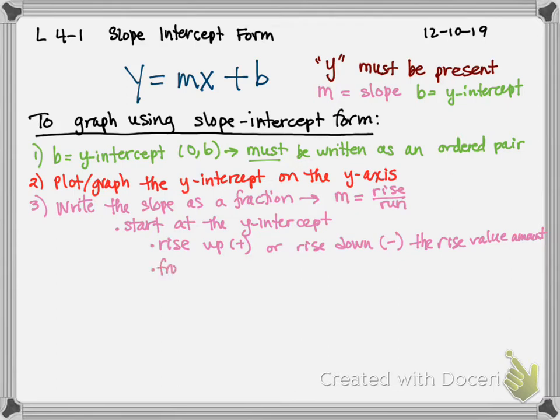And then from that location, where I'm pausing after rising, we're going to run right, because that value should be positive if I put my sign in the numerator, and then we're going to run right the run value.